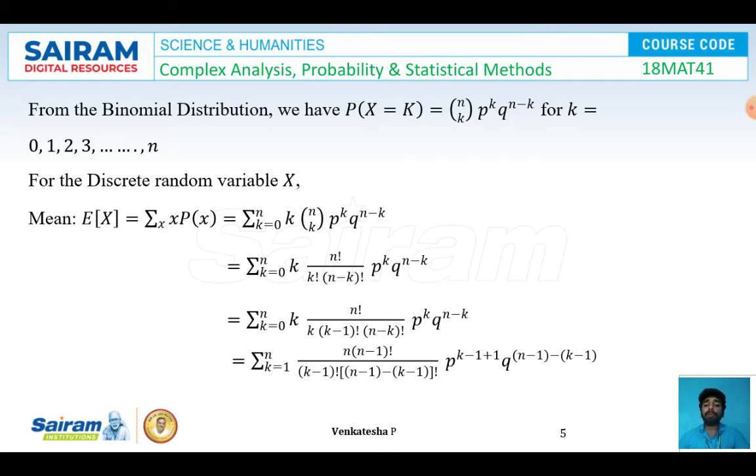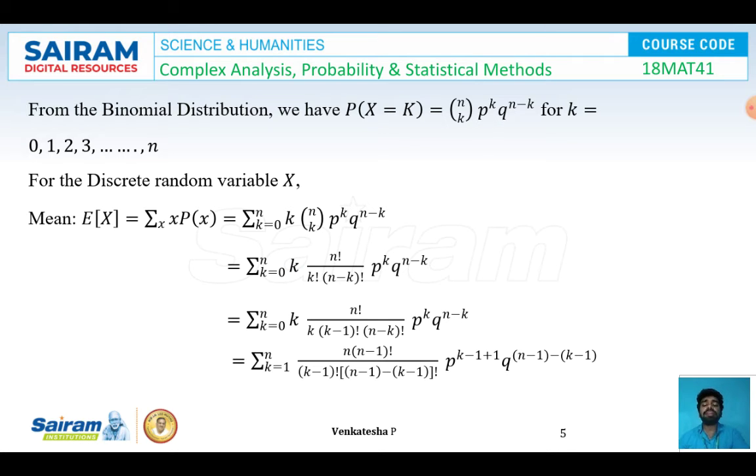Okay, now I am going to expand nCk, that is summation k from 0 to n of k into n factorial divided by k factorial into (n - k) factorial, p^k q^(n-k). Now our job is to eliminate the term k from this equation.